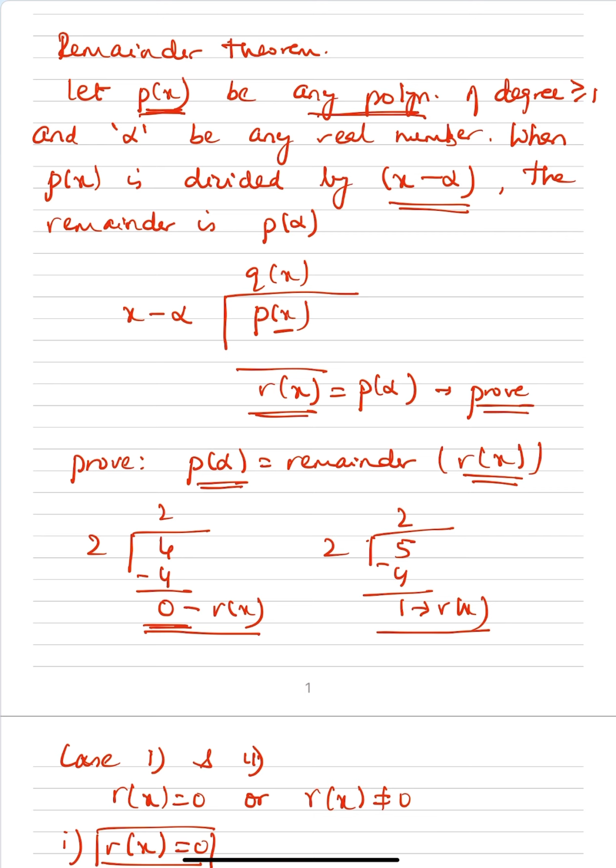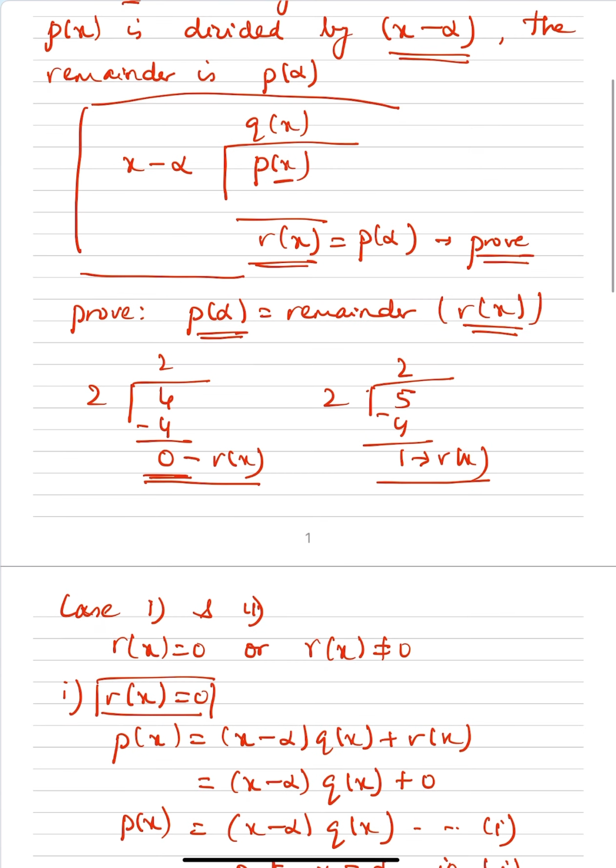Now there is a number by which it is divided, that is alpha, so we will write divided by x minus alpha. Now this is the form which I want to explain to you: if P of x is divided by x minus alpha, then the quotient is q of x and the remainder is r of x.